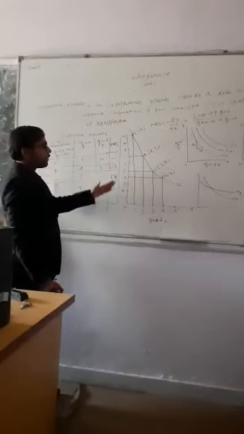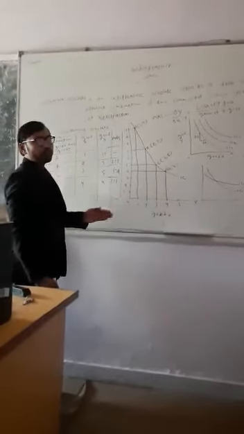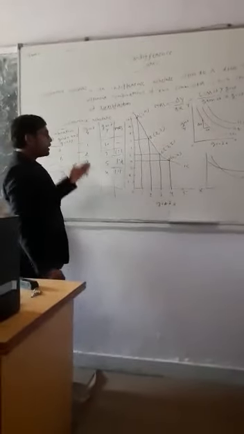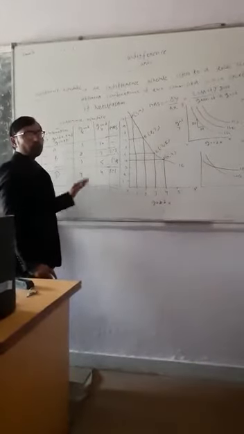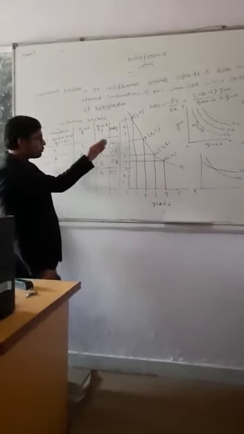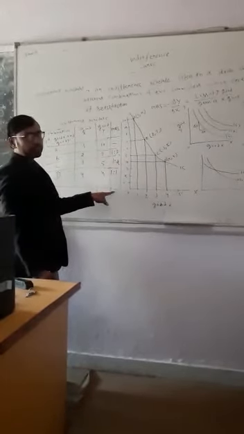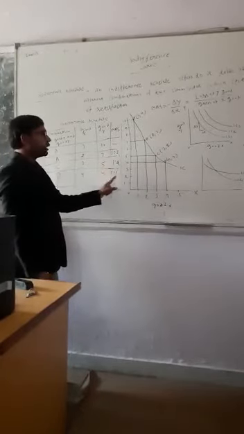So this sacrifice is going down, because to maintain the same level of utility, if you are increasing the consumption of one good, you have to reduce the consumption of the other good. So this rate is decreasing, like 1 is to 3, 1 is to 2 and 1 is to 1.